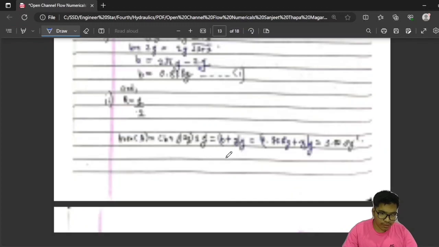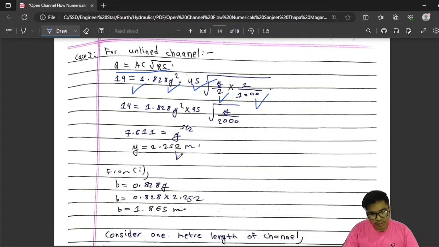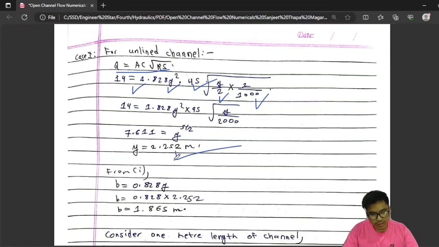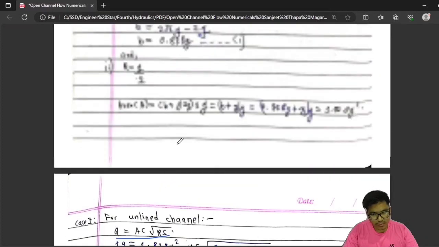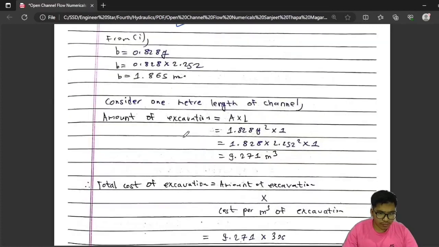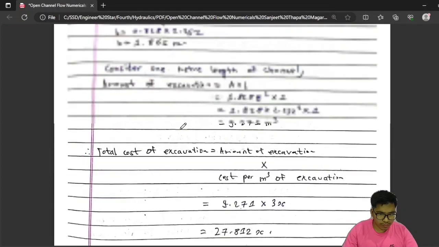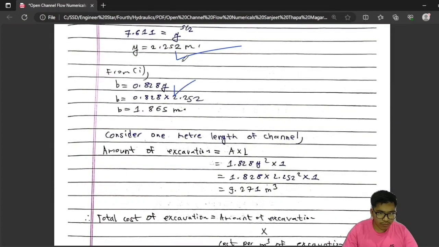So y is 2.252 meter. From equation 1, B is equal to 0.828y. Y is 2.252, so B is 1.865.